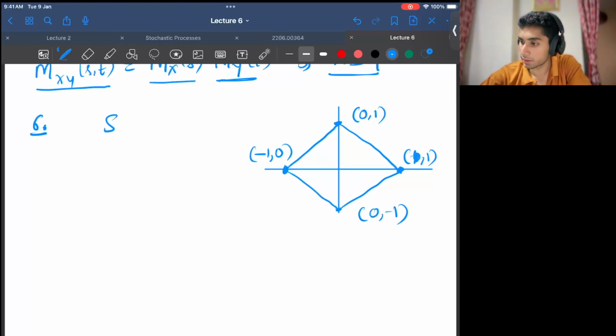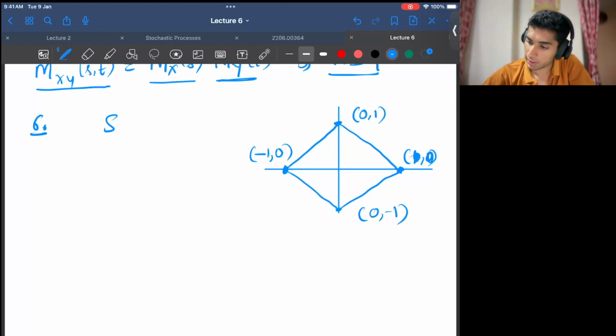These are the vertices of the square, and a raindrop falls on the square at random. You can imagine a dartboard with this square, and you are throwing a dart at this square. And there are two random variables.